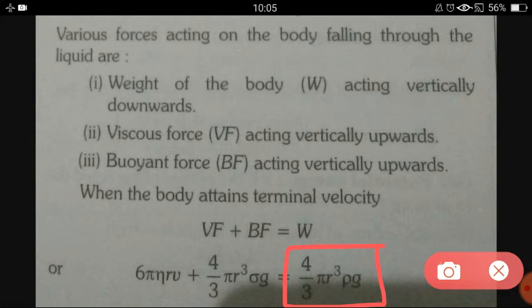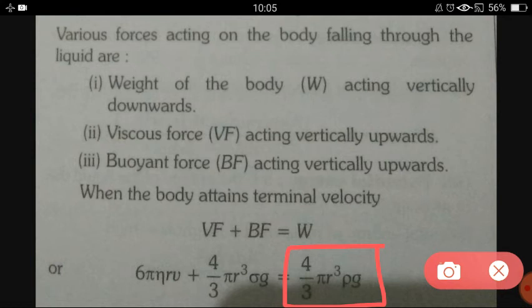Now what is buoyant force? Buoyant force is equal to the weight of whatever liquid the body will displace. So when we have to find out the buoyant force, it will be equal to the weight of the displaced liquid.